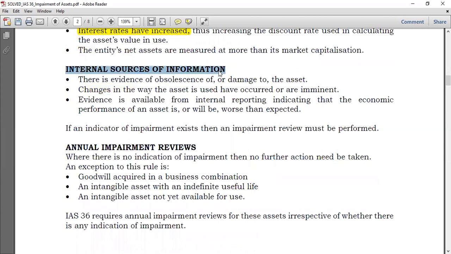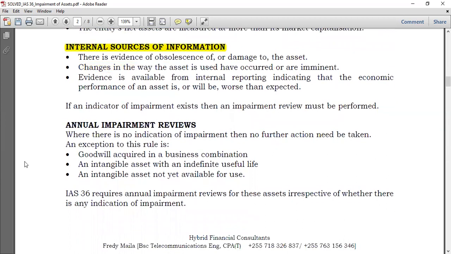You as a company could just check internally to identify that there are indicators of impairment so that you perform an impairment review. Let's say there is evidence of obsolescence or damage to the asset. If there is damage, that means the asset won't be able to make the cash flows it was previously making.